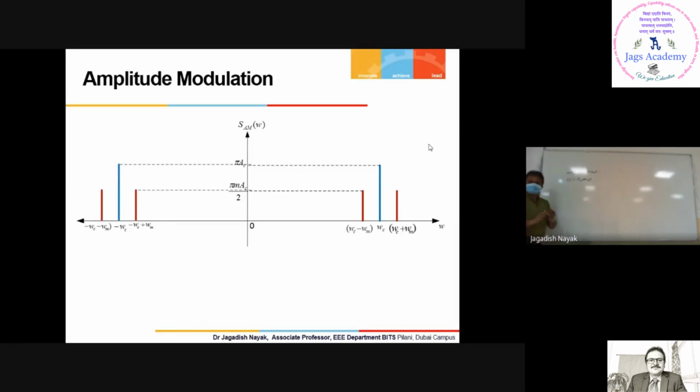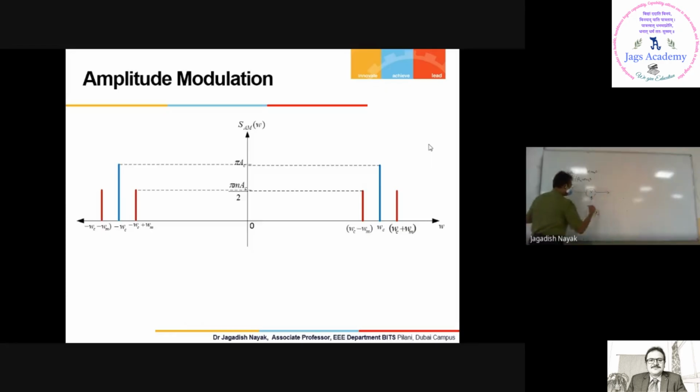All of you know trigonometry, right? See, how you generate the double sideband suppressed carrier waveform is very simple.